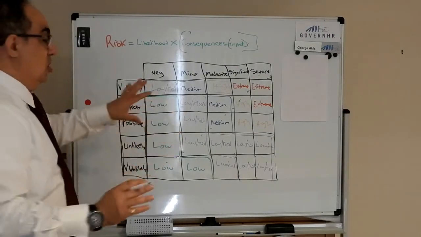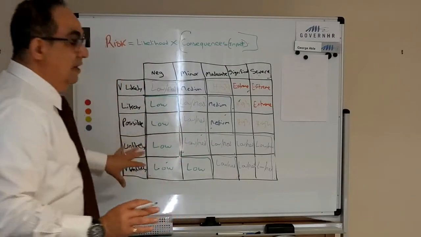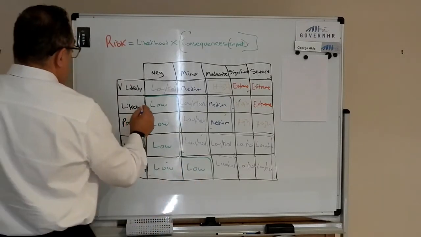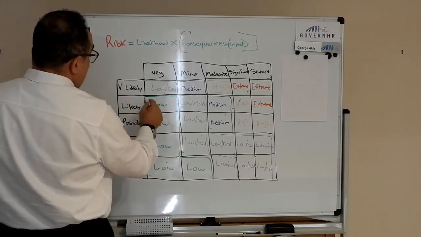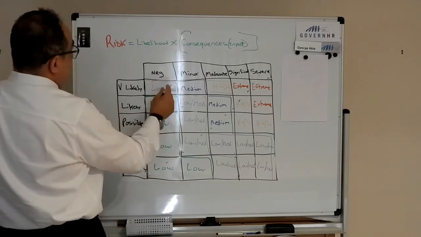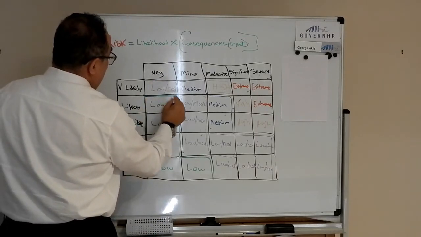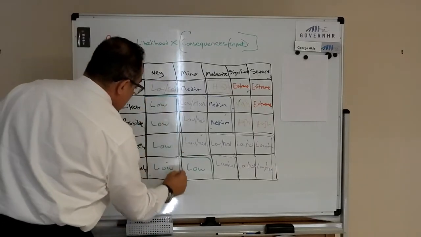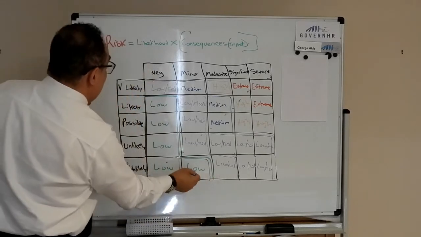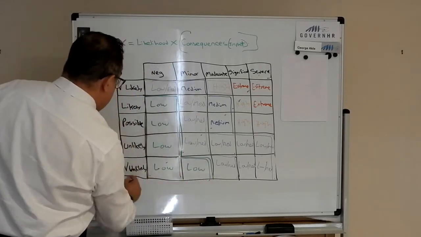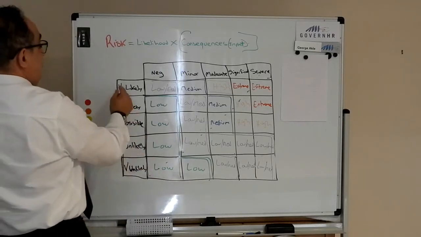Now, determining where you slot the process: if it's likely to happen but the impact is negligible, it's in the low category. These are all in the low category, so obviously a minor impact, very unlikely, low, and you go across here.